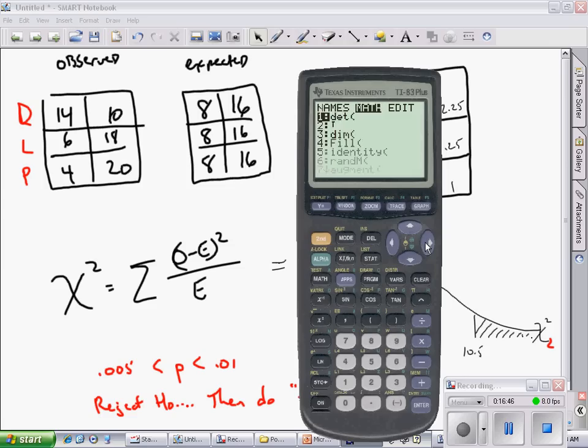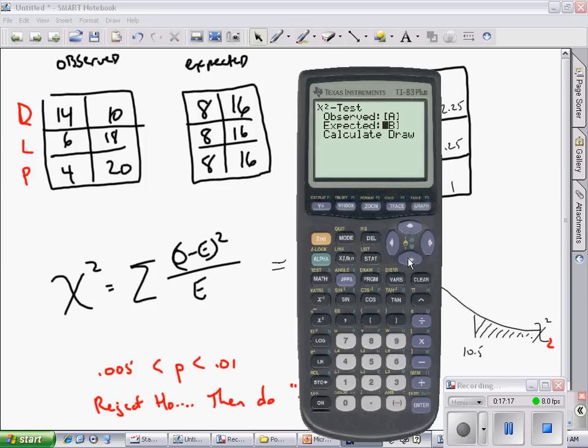And then I'm going to edit matrix A. Hit enter. And I want to make a 3 by 2 matrix. Type in your numbers. Then quit. Go back to your test. So I have now stored this observed value in matrix A.